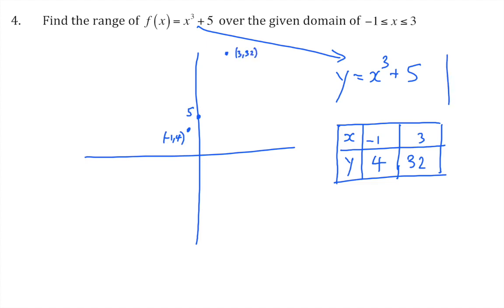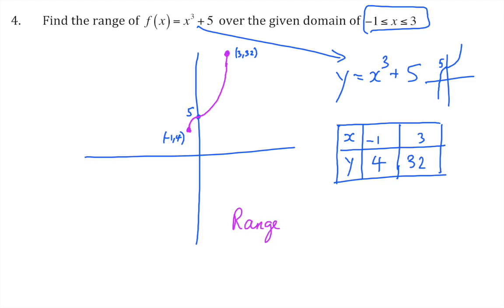Now remember, I said y equals x cubed plus 5 goes something like this. Goes through 5. So, graphing between -1 and 3, my graph will look something like this. So, what's the range?